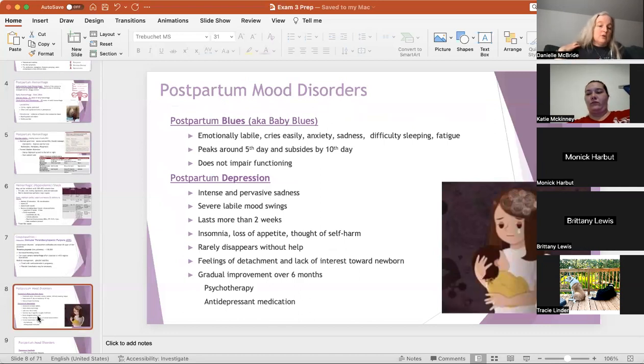Mood disorders. Do you guys know the difference between blues, depression, and psychosis? Okay, so if I was a brand new mom and I said, I am 8 days postpartum and I just cry for the silliest things.